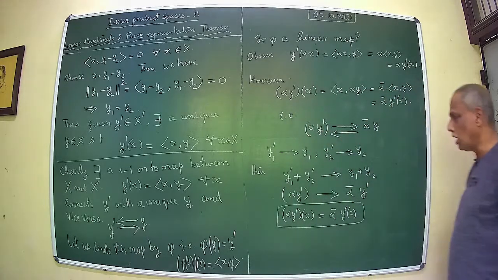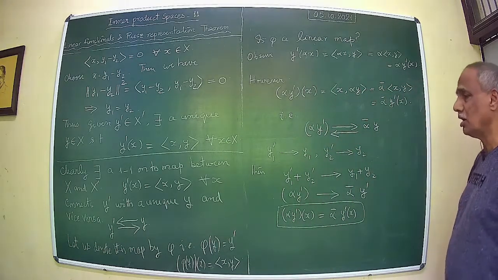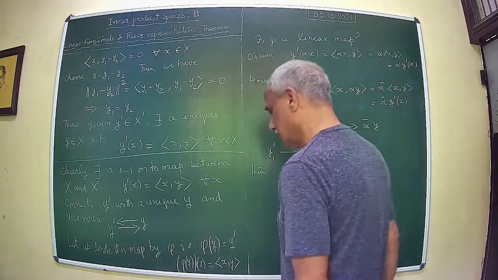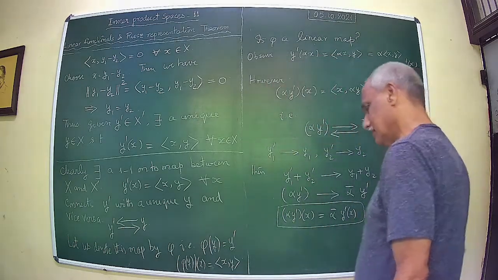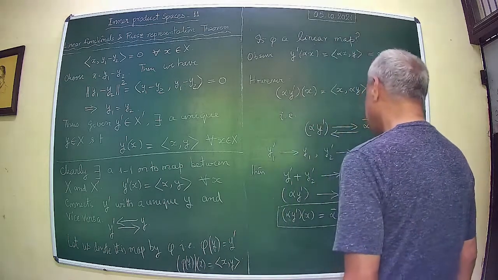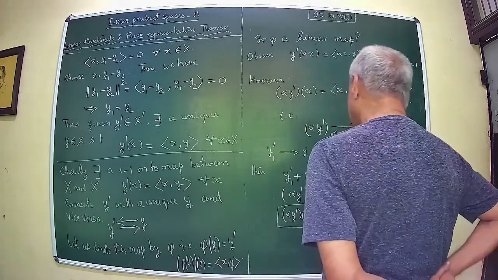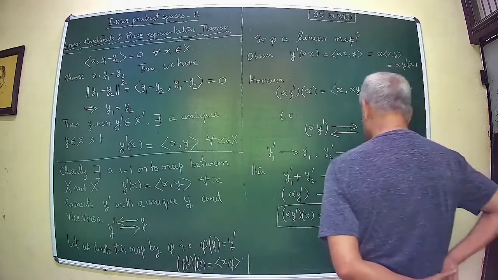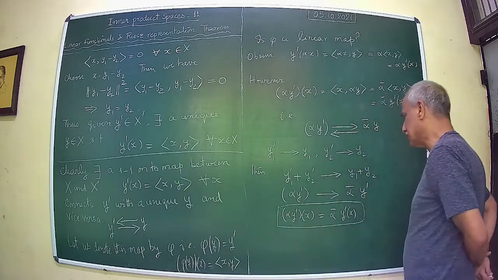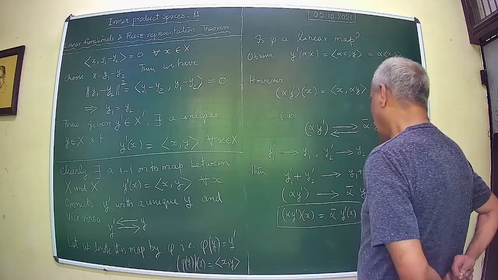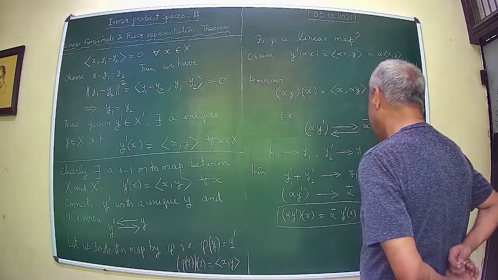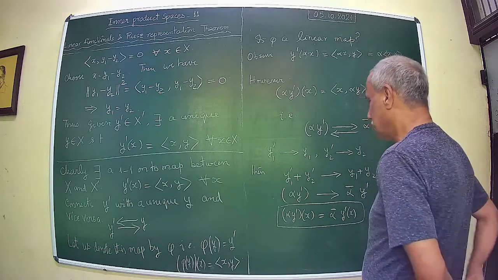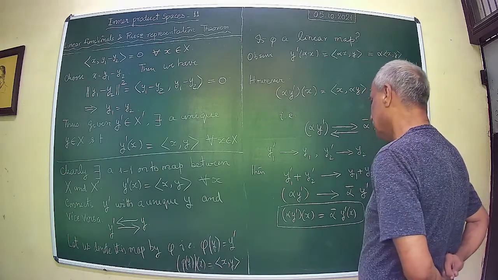So this is not linear, okay, right? So y1 plus y2 gets mapped to y1 prime plus y2 prime. That relation is okay, but alpha y is not mapped to alpha y prime.